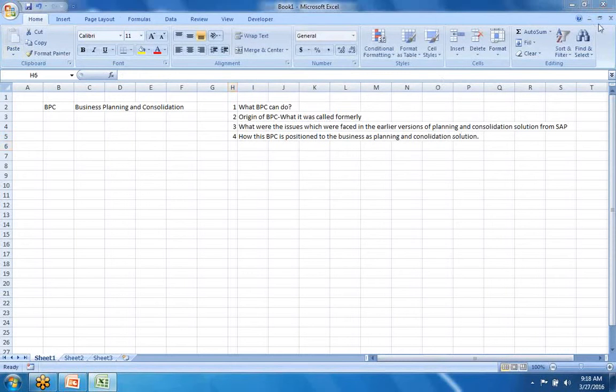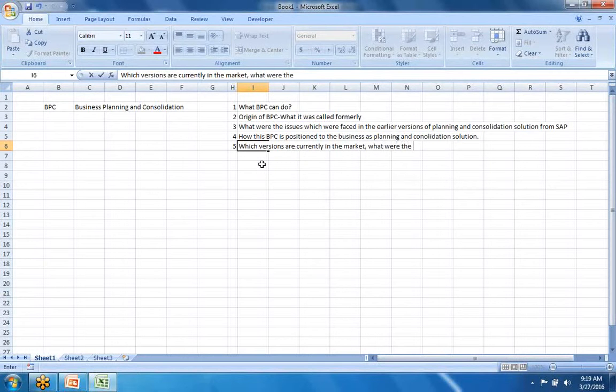Another question is which versions are currently in the market and what were the earlier versions of BPC. So these questions will be answered in today's demo session.